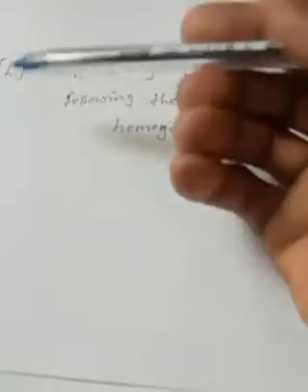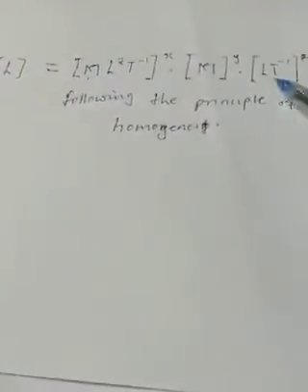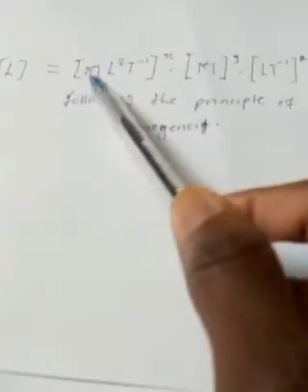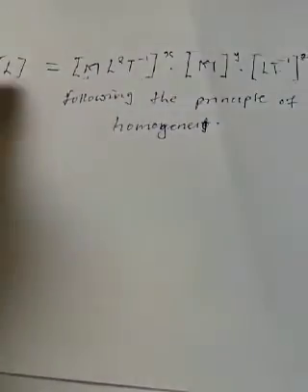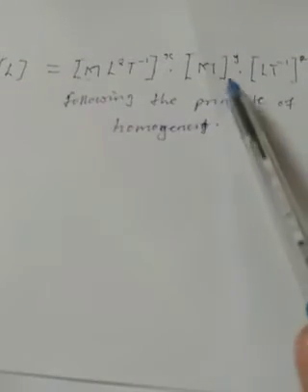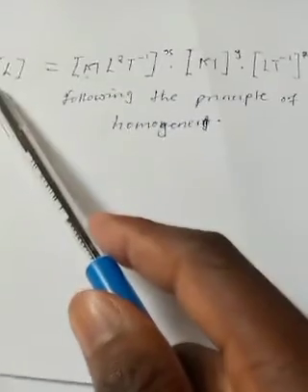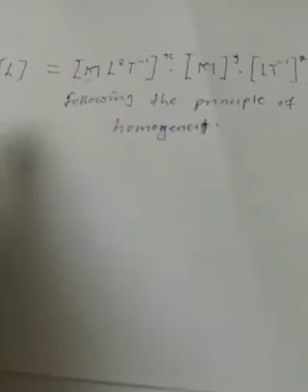Now, since here we don't have some of the quantities which are found on the right hand side, what are we supposed to do? Suppose, in this case we don't have m on my left hand side. What am I supposed to do? I have to make sure that I introduce m on my left hand side by raising it to power of 0, because it is not there.